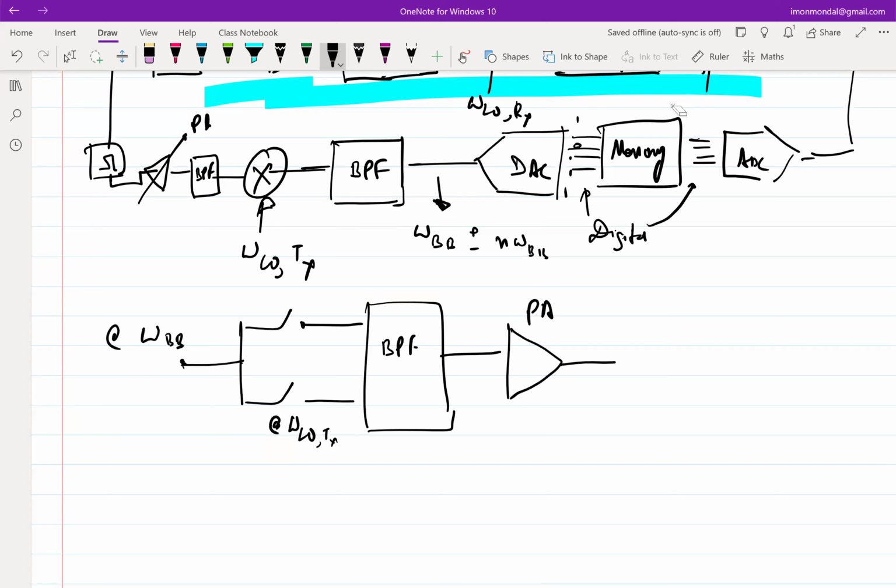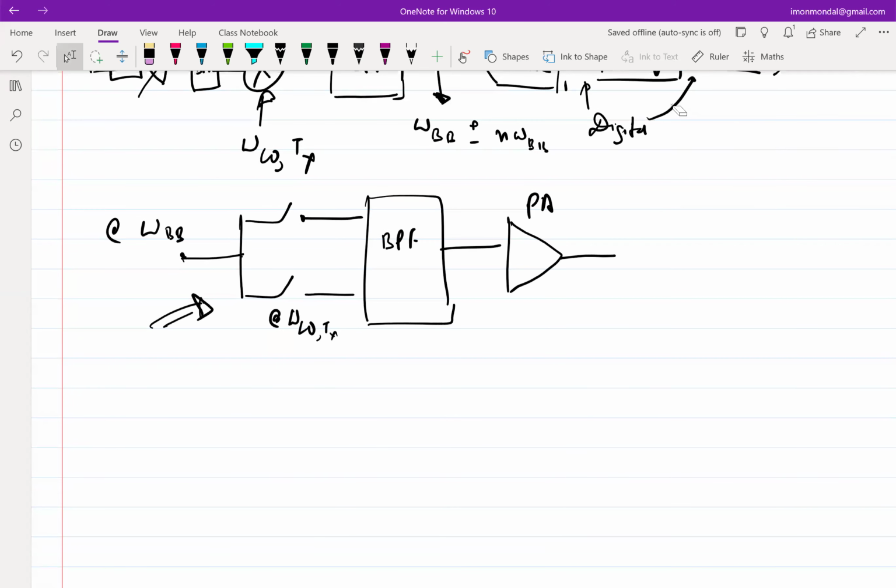So this mixer topology is almost identical to whatever you had in the receiver. But the key thing is that the output filter requirement might change based on whatever you are trying to transmit or filter out.